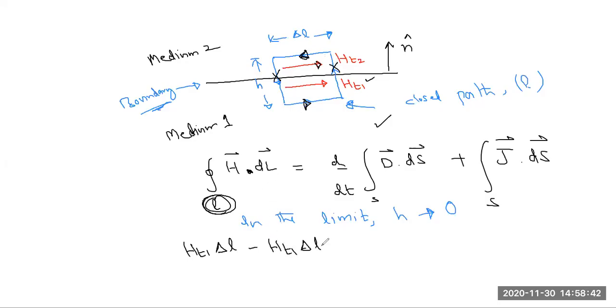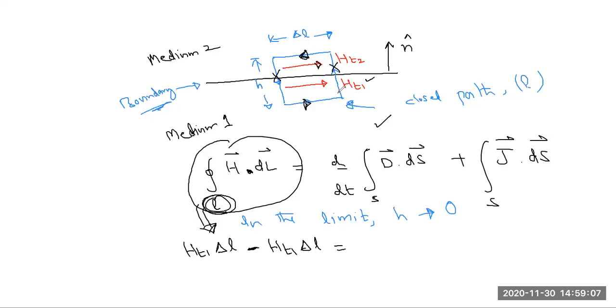So this integral in the limit gets reduced to this. What is going to happen to the two terms on the right hand side? The first term is the mathematical representation of the rate of change of electric flux passing through the surface that is formed by this closed path.